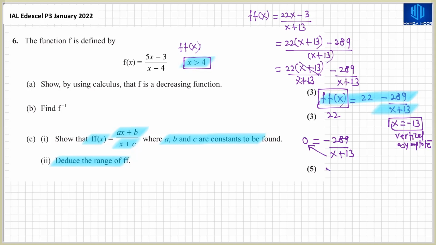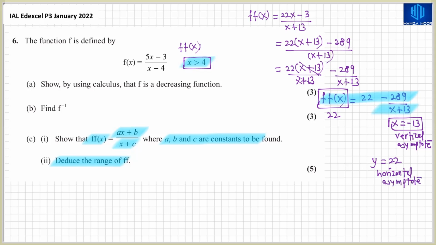Otherwise, if x plus 13 is made the subject, it will be equal to minus 289 divided by 0, so you won't be able to find the value of x. This essentially means that y equals 22 is a horizontal asymptote.